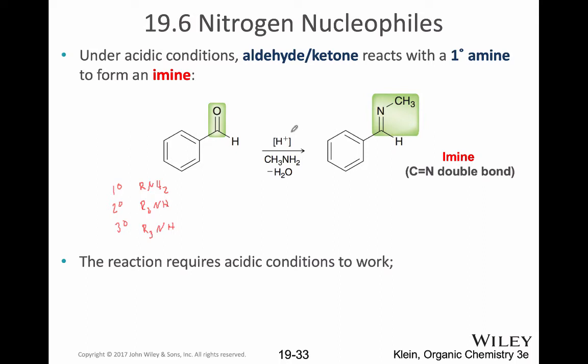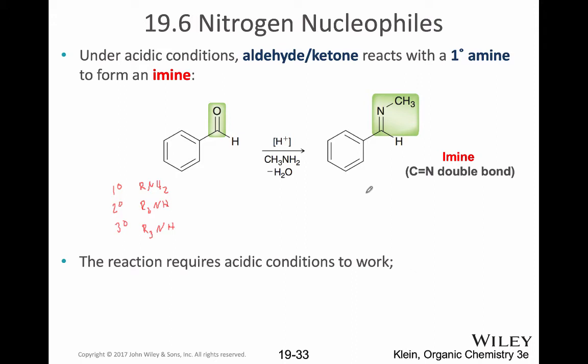Before I go into the mechanism, I want you to keep in mind that the mechanism is very similar. But there's a major difference between nitrogen and oxygen: oxygen likes to make two bonds, whereas nitrogen can make three bonds.